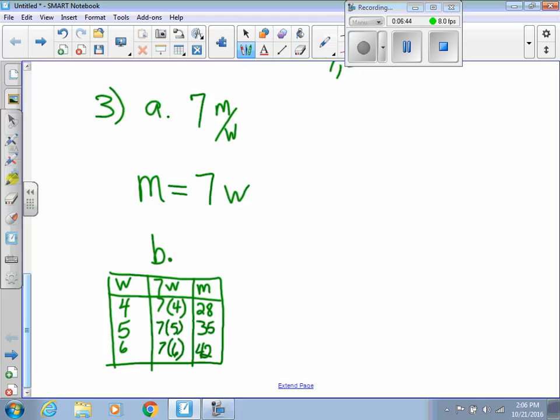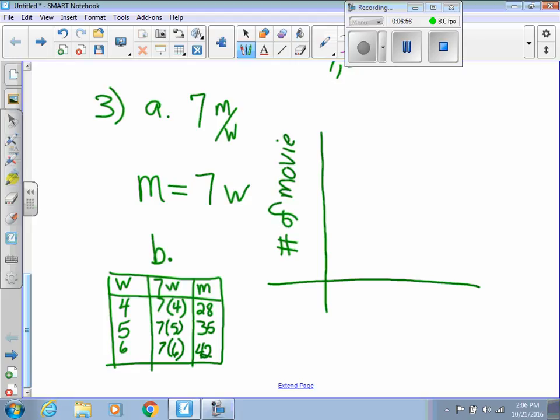Now, when you go to graph that relationship, you're going to do the number of movies. Remember in our last chapter, this was a y. So that's why the movies variable is going to be the y-axis.